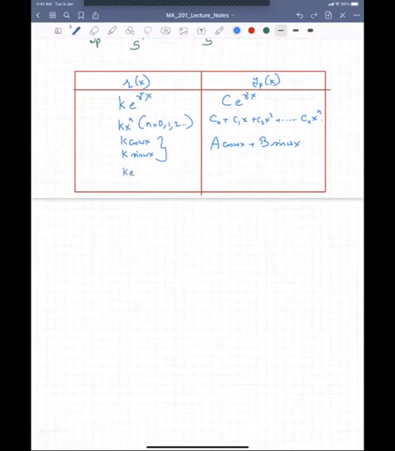The last one is k e to the alpha x cosine omega x and k e to the alpha x sine omega x. For both these cases, your trial should be e to the alpha x times a cosine omega x plus b sine omega x. Okay. The caveat is as follows.